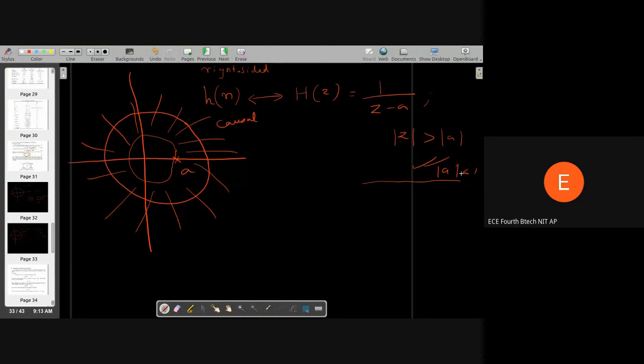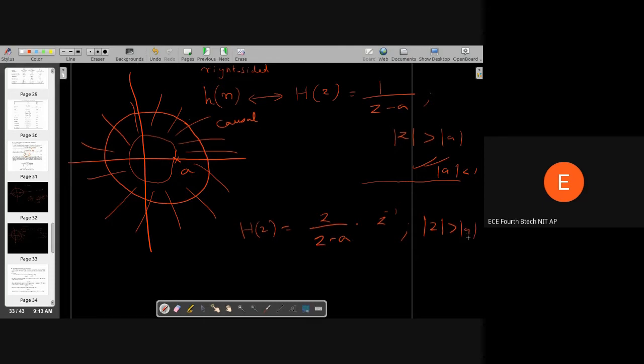So if we have this, H of Z we can write as Z by Z minus a, times Z inverse. Let's go back and see what we have in the ROC.